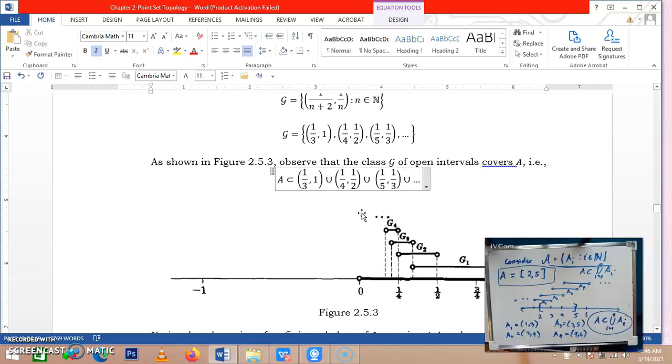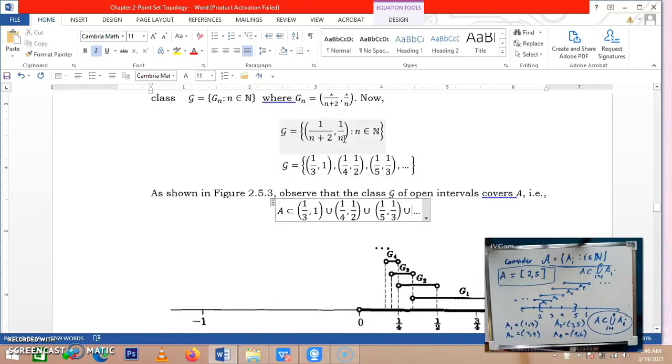It will not pass through 0 here. It will only approach because we have here 1 over n, 1 over n plus 2. If n approaches infinity, of course, this approaches 0.